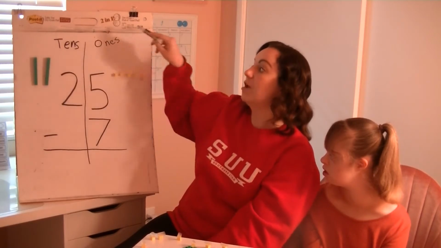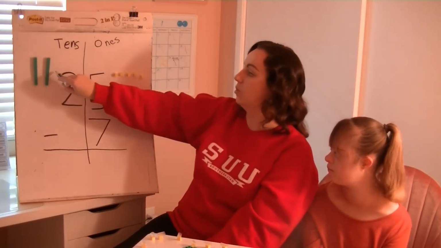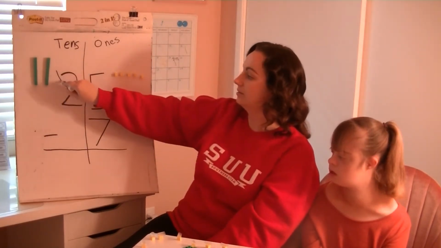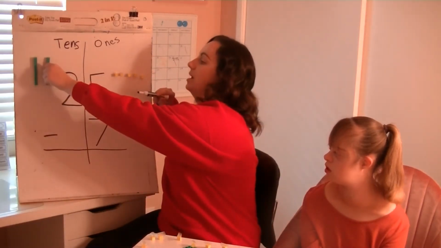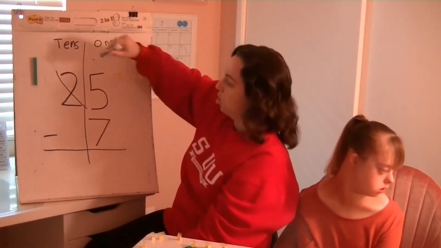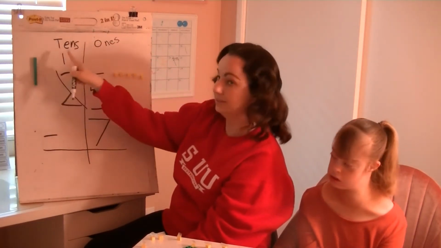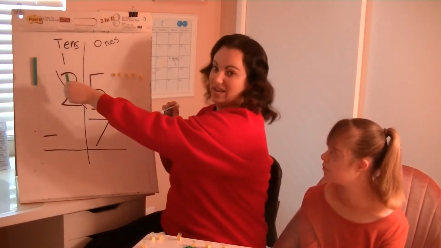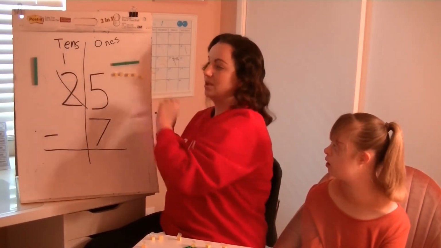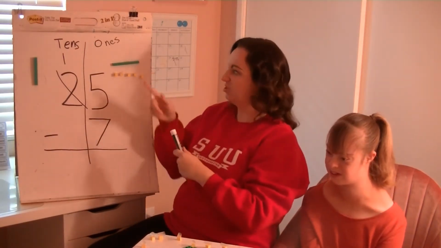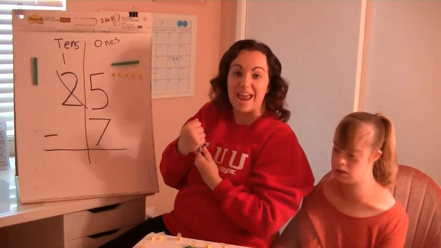We'll change it to 10 ones over here. So watch. This 10, instead of having 2 10s, there will now only be 1 10. And that 10 is going to go over here. But it's no longer a 10. It's going to be 10 ones.